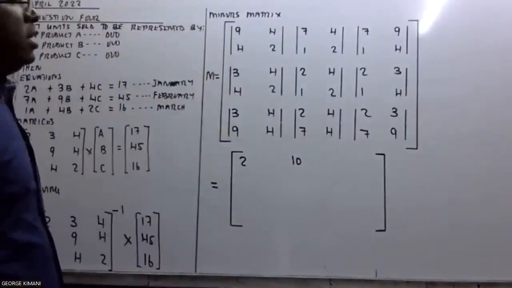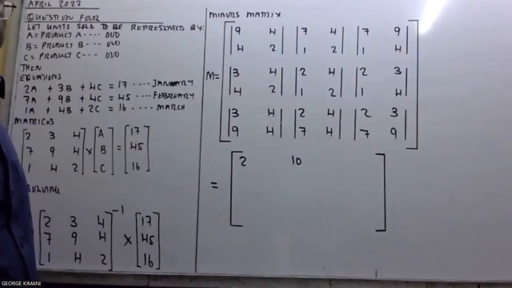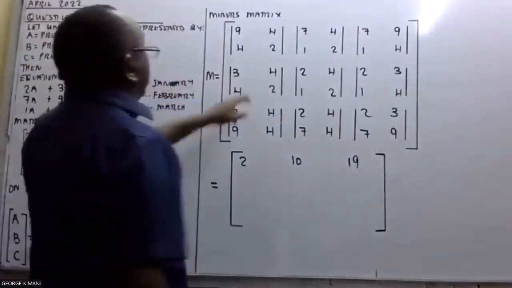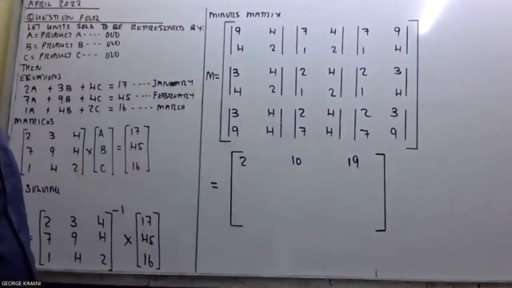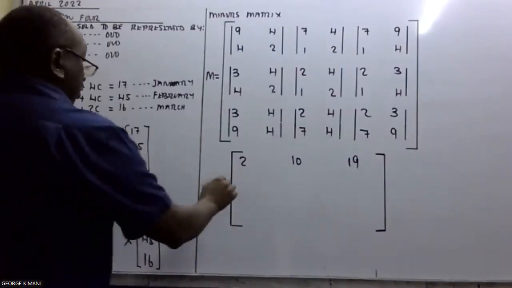We go to the next one, 7419. Yes. Let's come to the next one here. 3244. -2.